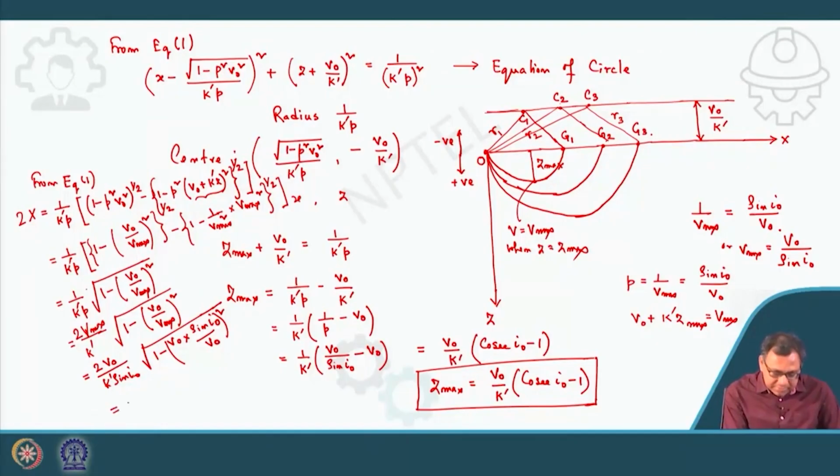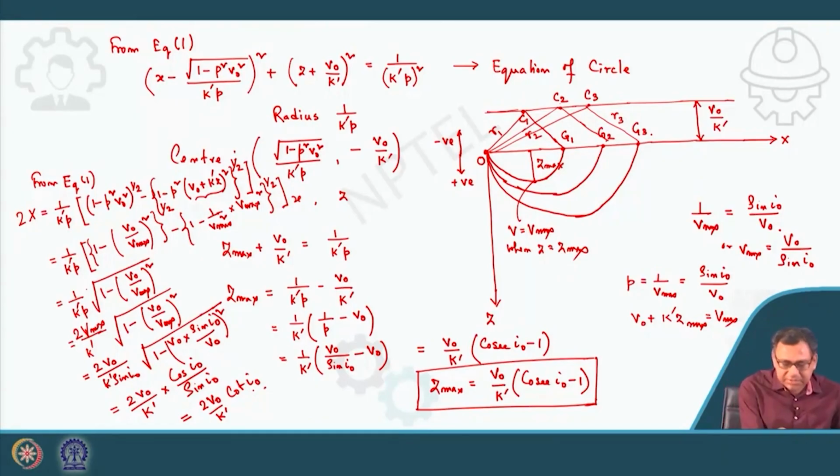So now if I write this thing, 2V0 by K dash, this will be cos I0 by sin I0. So the final expression will be 2V0 by K dash into cot I0.